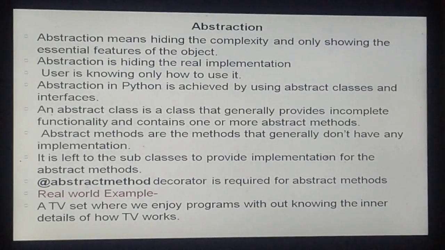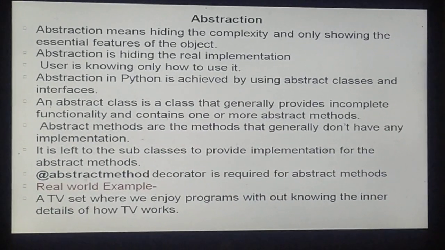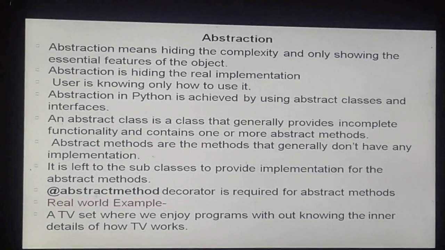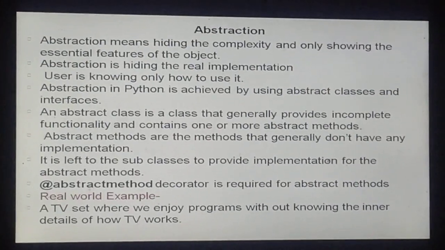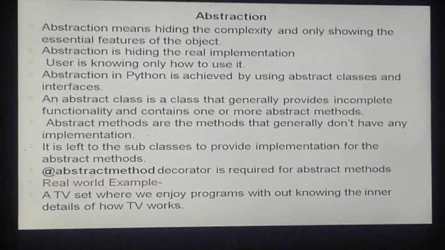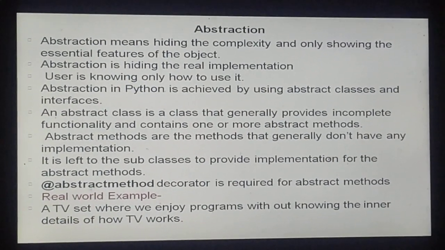The main focus of data abstraction is to separate the interface and the implementation of the program. Data abstraction is used to define a data type available in the programming language called abstract data type. It consists of a set of values and a set of properties. So this is how we have seen data abstraction.